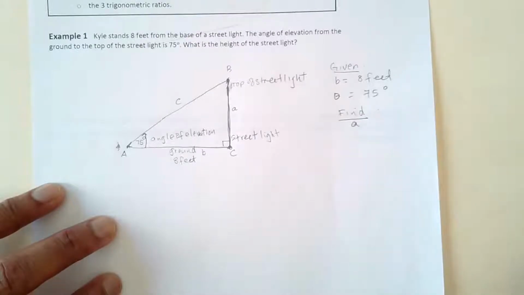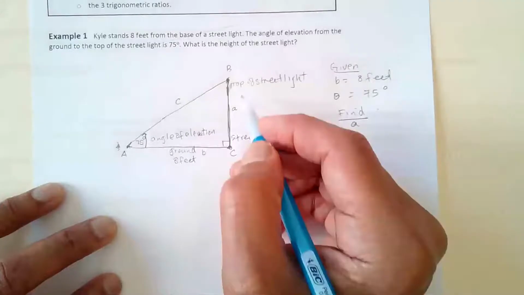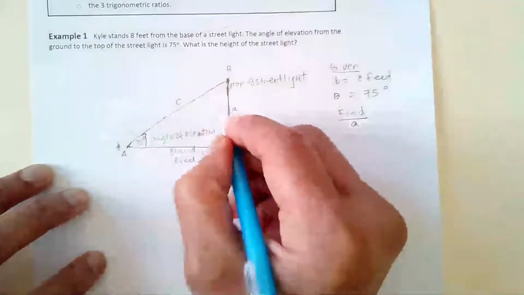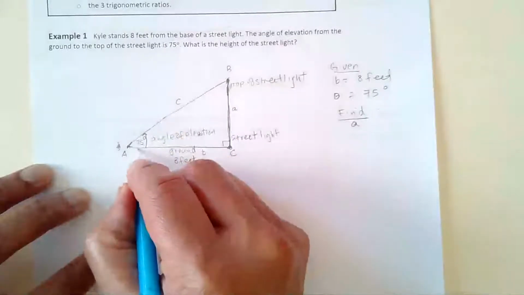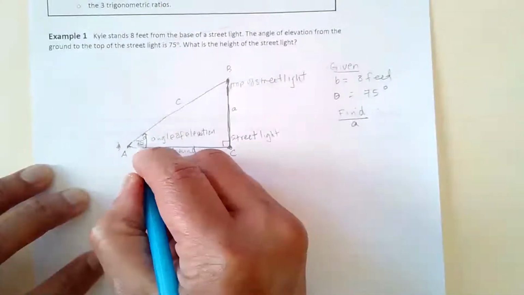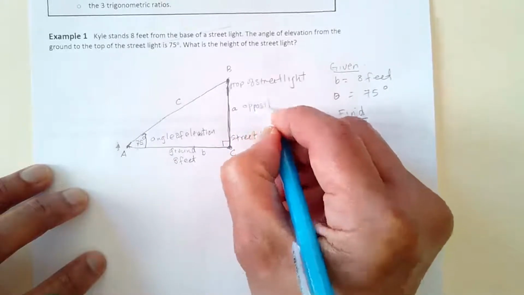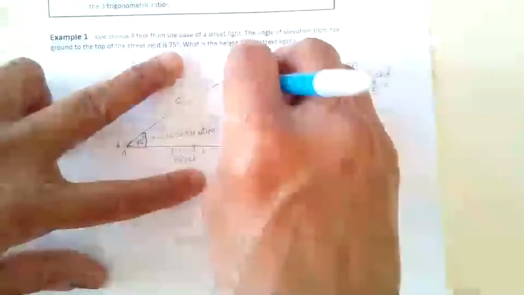Now, what we should do next is to label the sides of the triangle. So this is my angle, 75 degrees. The side opposite the angle that's given will be A. So this is my opposite here.